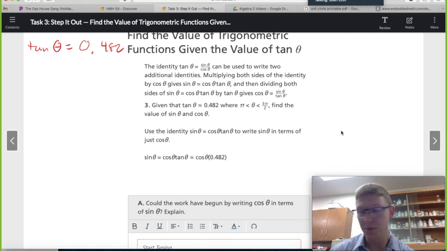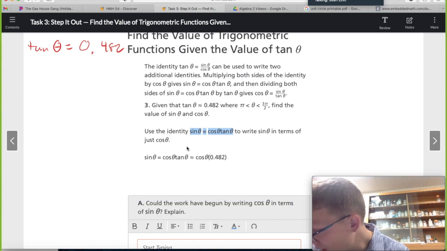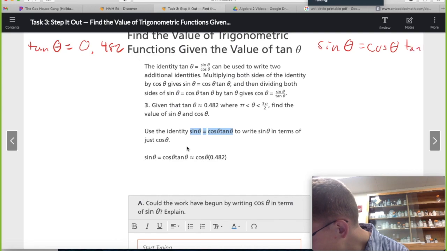It doesn't matter. As I mentioned, we're going to use our tangent identity and say sine theta is equal to cosine times tangent. I'm going to do that on the right. Sine theta is equal to cosine times tangent of theta.